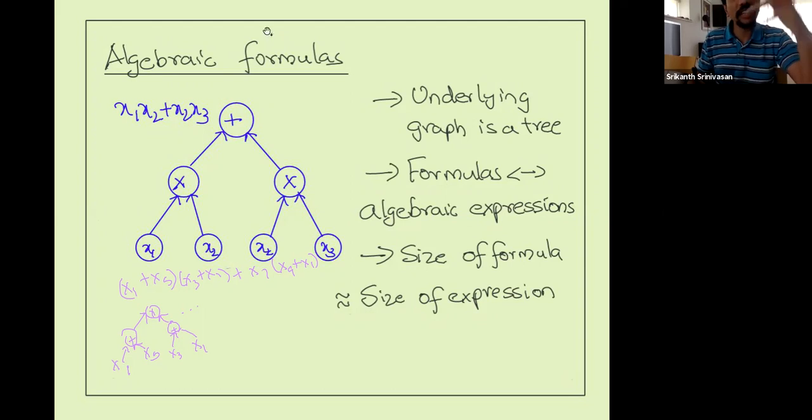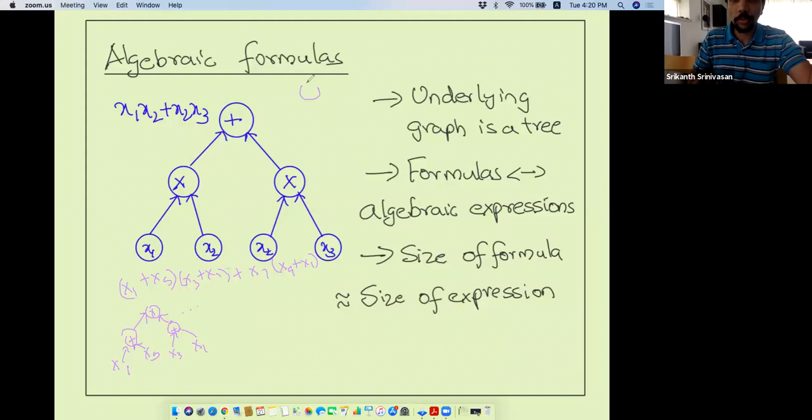You can define things the way you say, where you only add 2 things at a time or multiply 2 things at a time. And it's not hard to see that in terms of size, they are roughly the same. Let me draw a small example here. Suppose you want to add 4 things, A, B, C, D. In a circuit, you could always convert this to another circuit that does these additions iteratively.